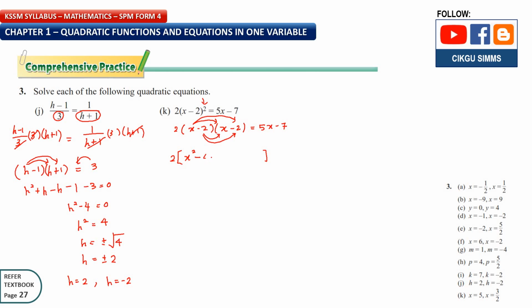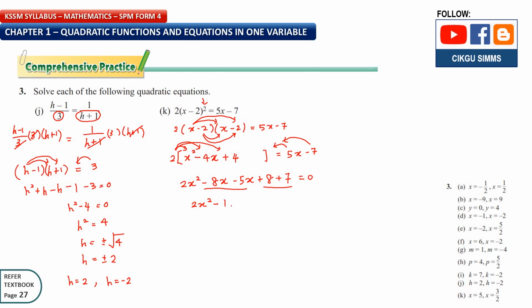Equal to 5x minus 7. So I can bring it to the left side. Okay, and then this one I can expand it. So 2x squared minus 8x minus 5x plus 8 plus 7 equal to 0.